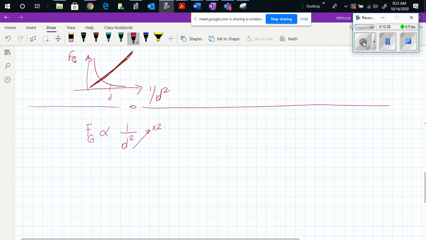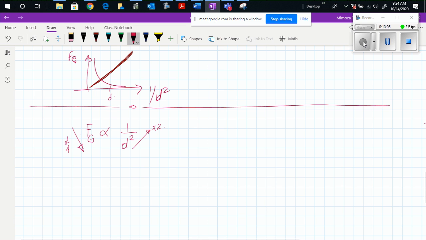On the chat it was said that it gets smaller by a factor of 4. Why by a factor of 4? Because d is increased by a factor of 2, which means 2 to the power of 2 is 4. Therefore 1 over 4 will be what it is changed for the force of gravity. So it is 1 over 4, decreasing, not increasing.